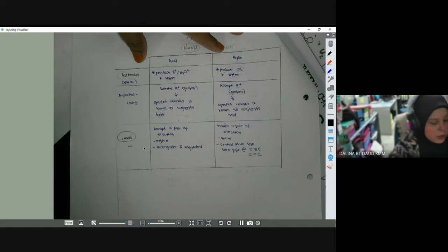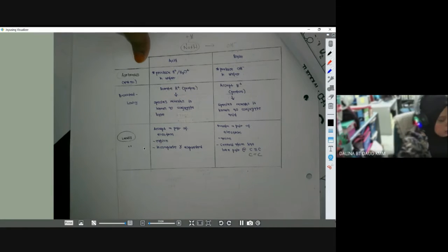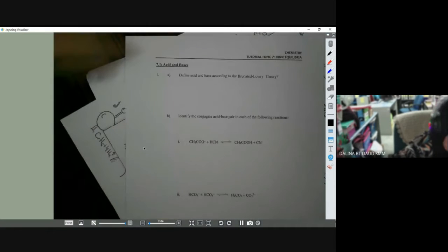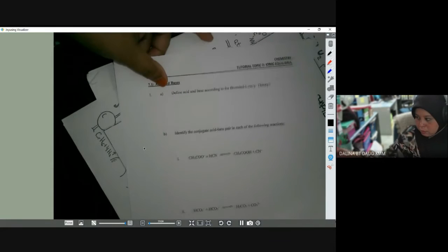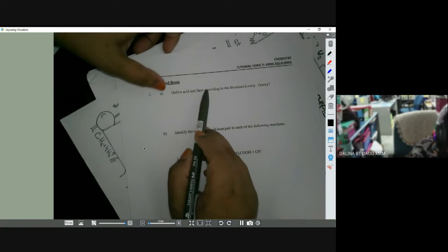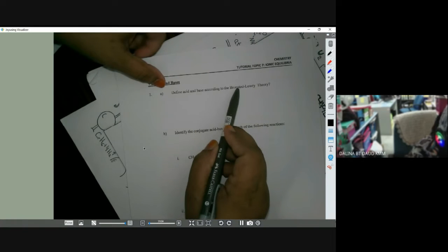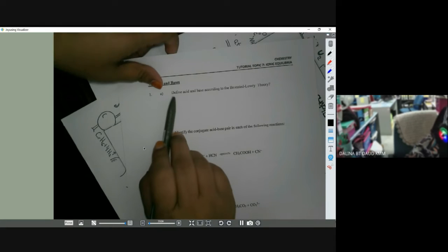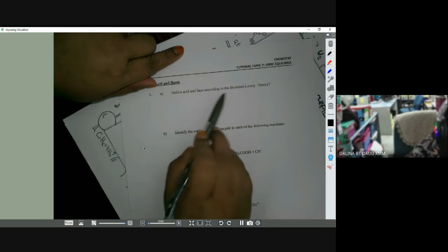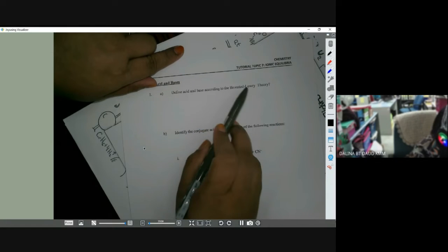Okay, so kita pergi kepada latihan. Nombor 1A. Define acid and base according to the Bronsted-Lowry theory. So, seperti yang dalam nota tu lah. Acid is the substance that donates H+, while base is the substance or the compound that accepts H+.